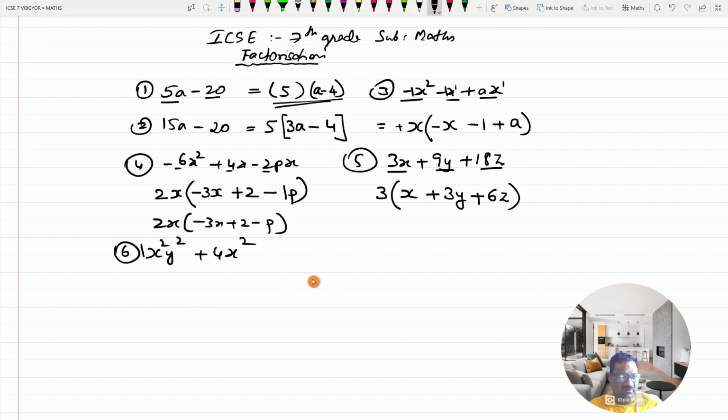So you cannot do anything about it. In terms of variables, x square and x square y square, you can take x square as common, because you can see it in both. Here you have y square, but here you don't have anything in terms of y. So only x square is common in these two terms, so you have to take it out common, put a bracket.